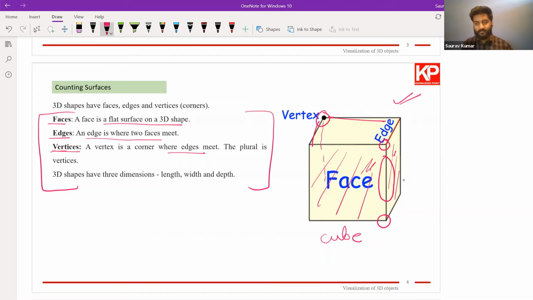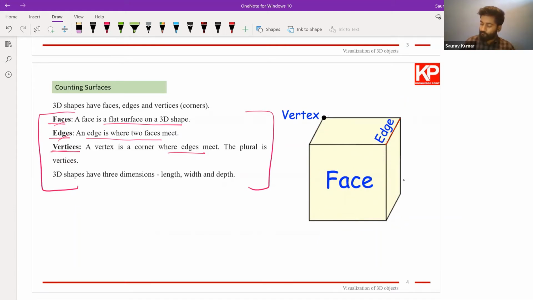These are the three things. In your questions, they can ask you about all three or any one of them. That's why always look at what they are asking in detail. So in the given example, this cube, tell me the number of faces, vertices, and edges quickly.